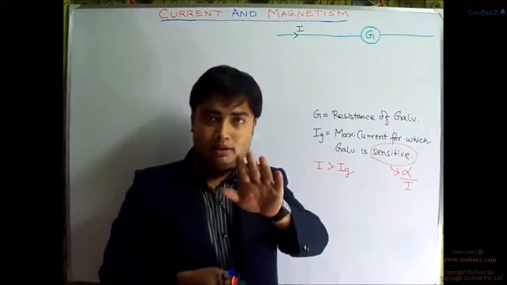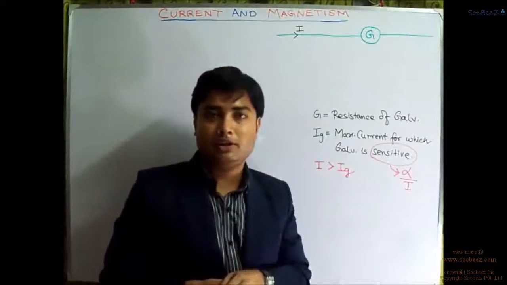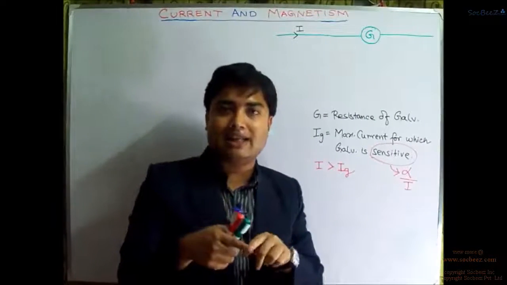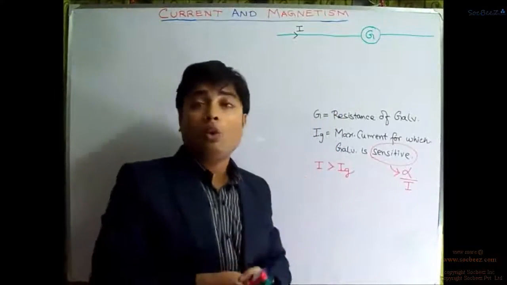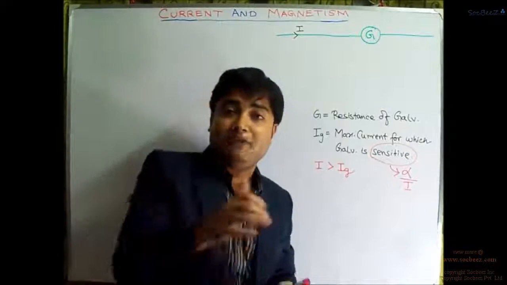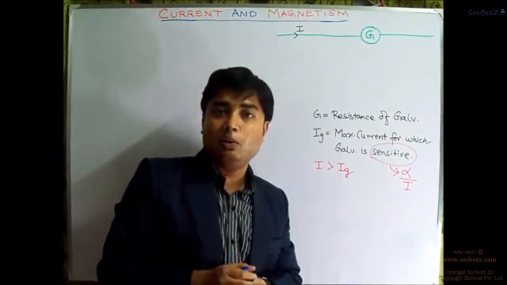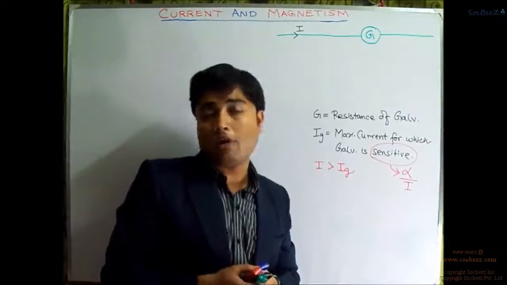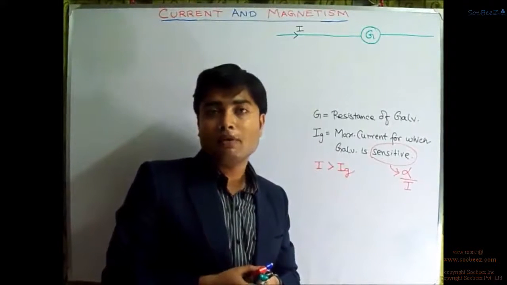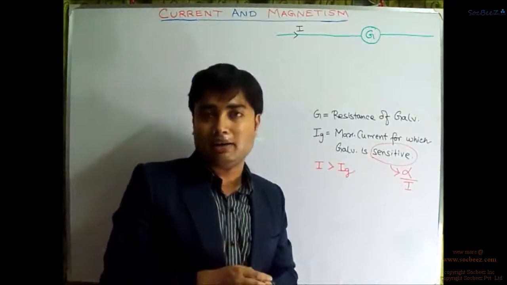But wait, this is not the solution. We are devising an ammeter, and for that particular reason we are decreasing the efficiency of the galvanometer. We are decreasing its sensitivity. That is not the point. Obviously we cannot do so, because this is not practical.